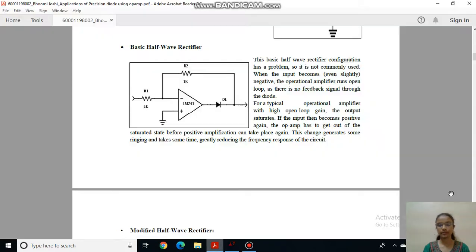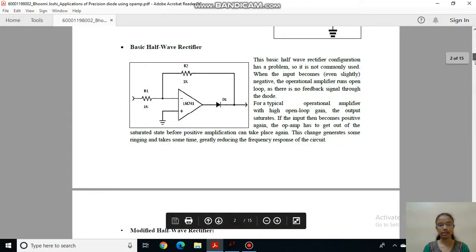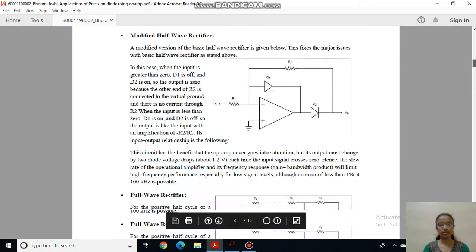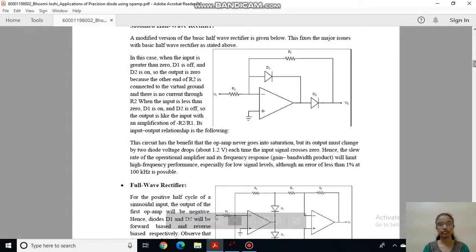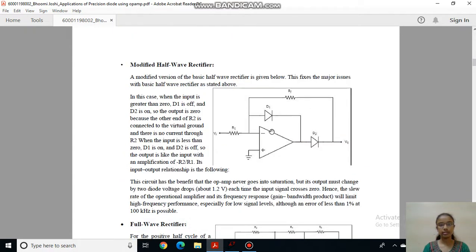Now let us see modified half-wave rectifier. So this is a modified version of half-wave rectifier. In this case there are 2 diodes. So whenever input voltage is greater than 0, then this diode D1 will be off.